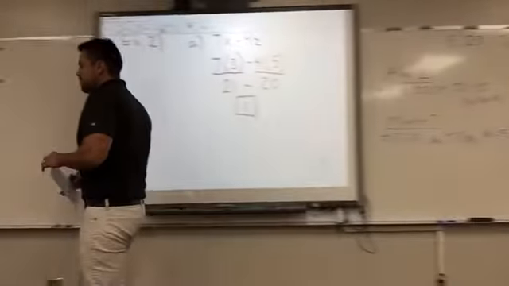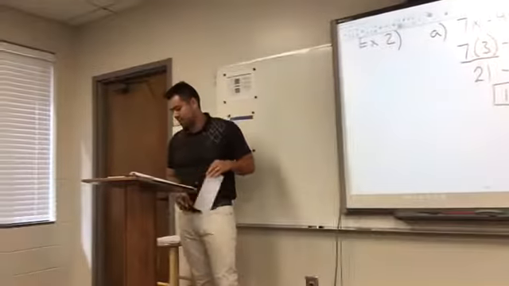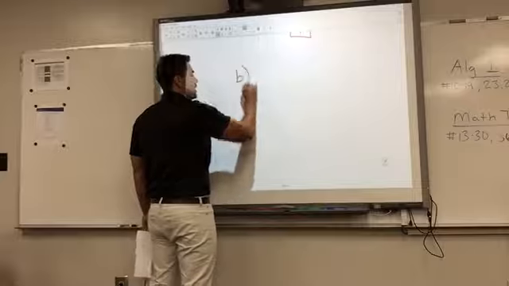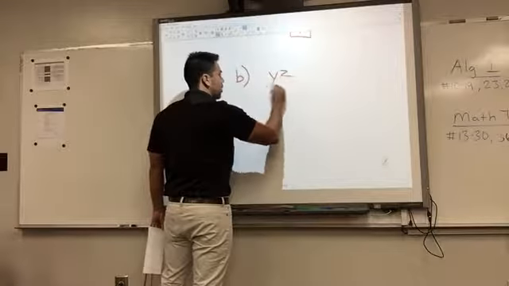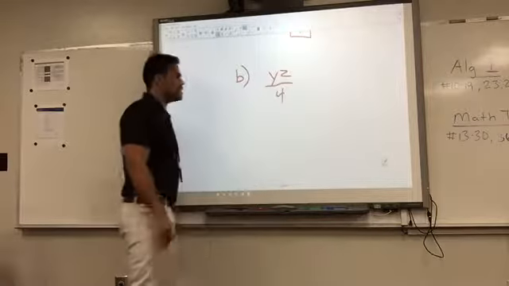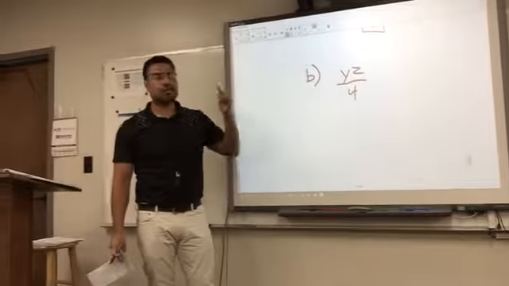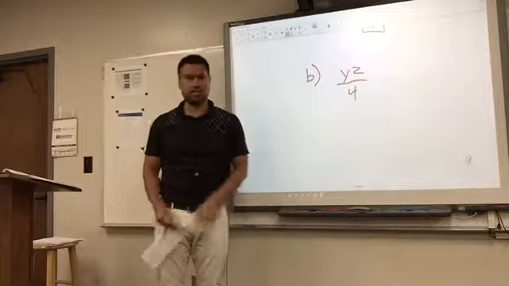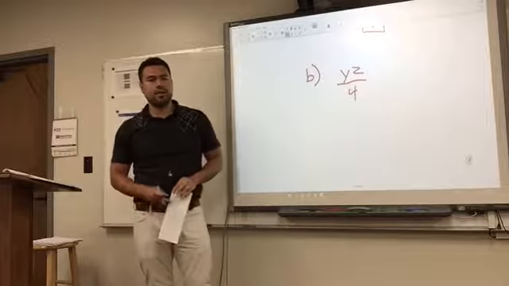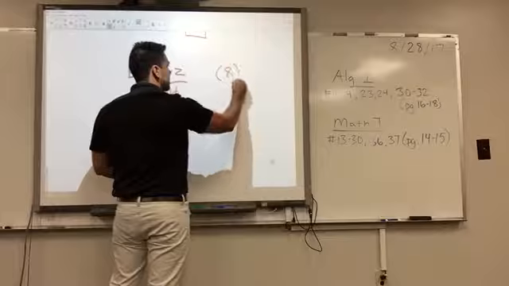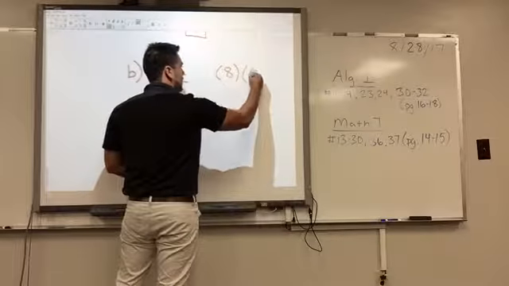All right. B, yz over 4. What does that bar mean again? Division. Okay, so you can think of it as yz divided by 4. That's totally okay. All right, what does y equal in this problem? 8. What does z equal? 5.